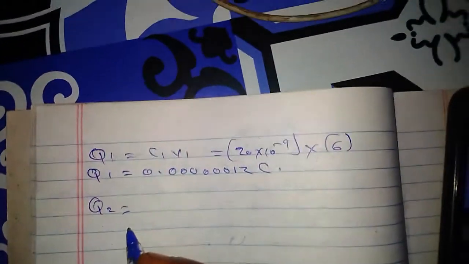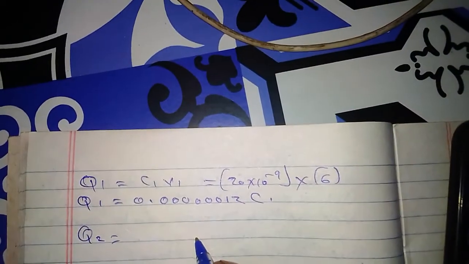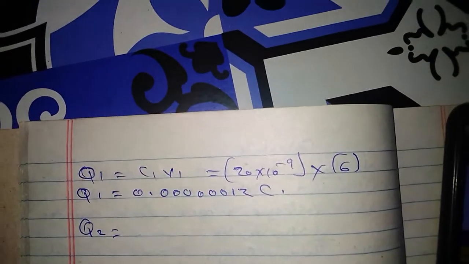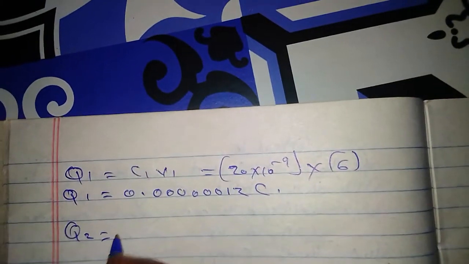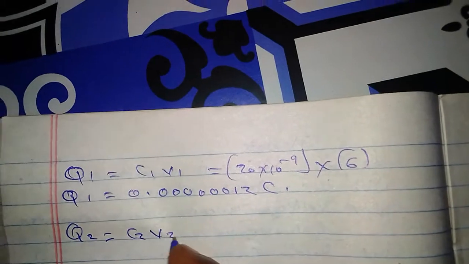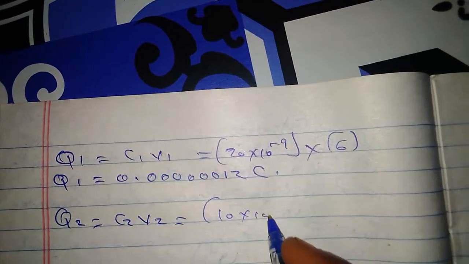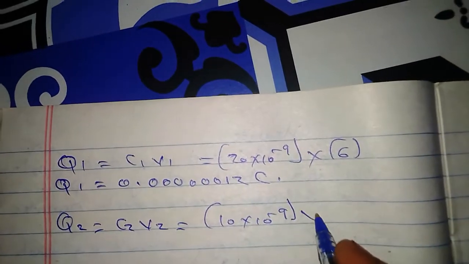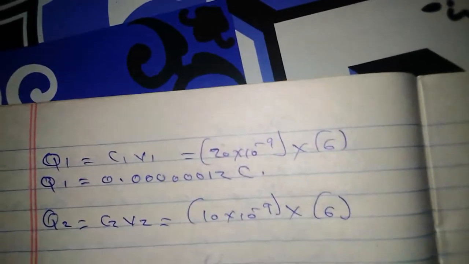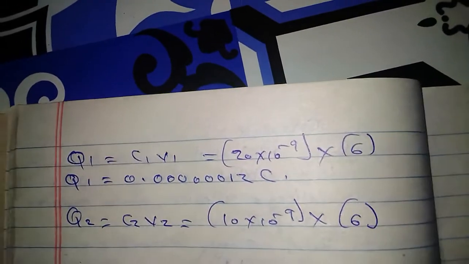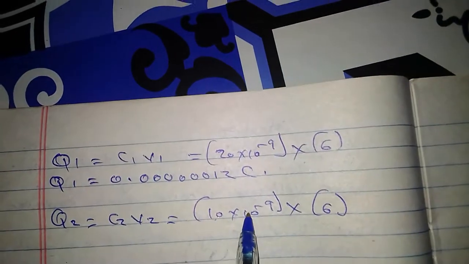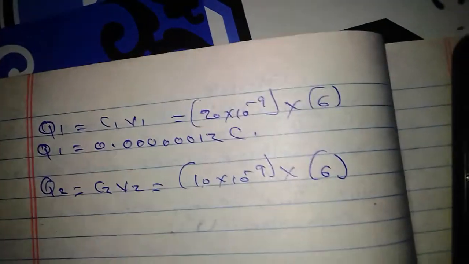Because we are working on a capacitor basis, we use C2 V2, where C2 is 10 times 10 raised to the power minus 9 times 6, because it's 10 nanofarad, and a nano is 10 exponent minus 9.